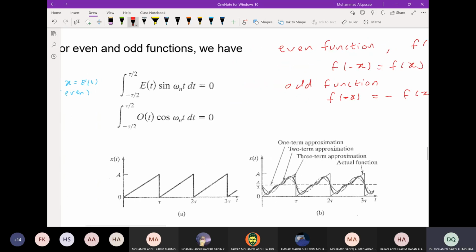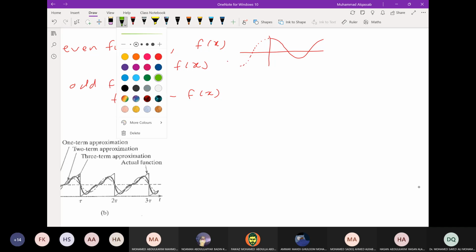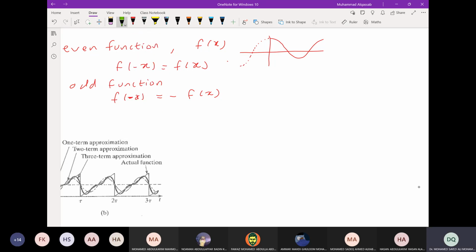So when you have x even, is sine odd or even? Sine is odd. Yes. And cosine is even. If you plot an example of the even, it is the cosine. So if you continue on the other side, if this is minus t, you get the same value of x as at t.